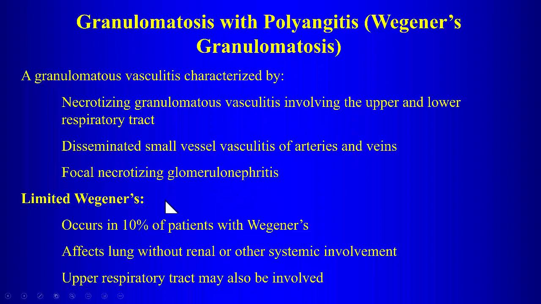Now, there is an entity called limited Wegener's, which occurs in about 10% of these patients, and it only affects the lung without renal or systemic involvement. So you might be the first person to actually suggest this if you're reading a CT scan that shows these cavitary lesions in a patient who doesn't happen to have renal disease. It can also involve the upper respiratory tract.